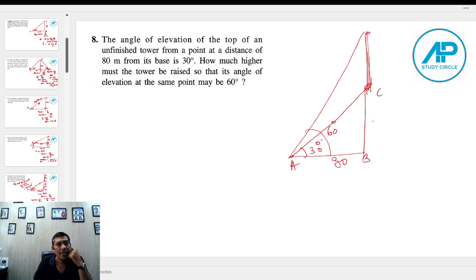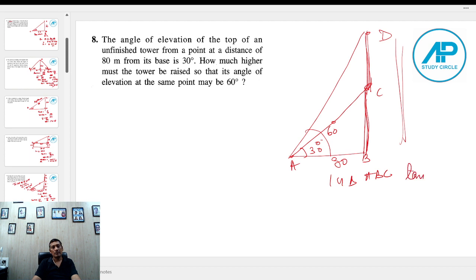And so you see, I need to find how much higher the tower should be raised up. So I should find first of all the initial value, then find the total value, and then find the difference of these two values.